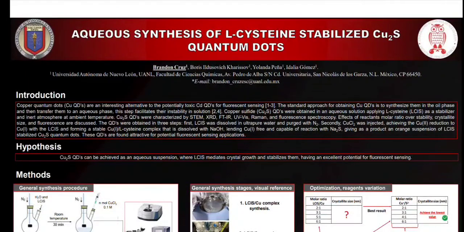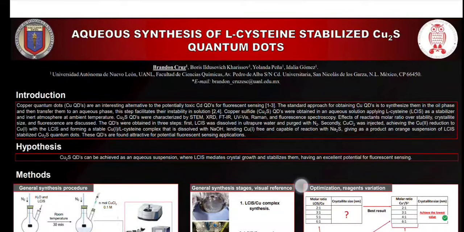Hello, good afternoon. We present the poster with the title Aqueous Synthesis of L-cysteine Stabilized Copper Sulfide Quantum Dots. Copper quantum dots are a potential alternative to the potentially toxic cadmium quantum dots for different applications, most commonly fluorescence sensing.